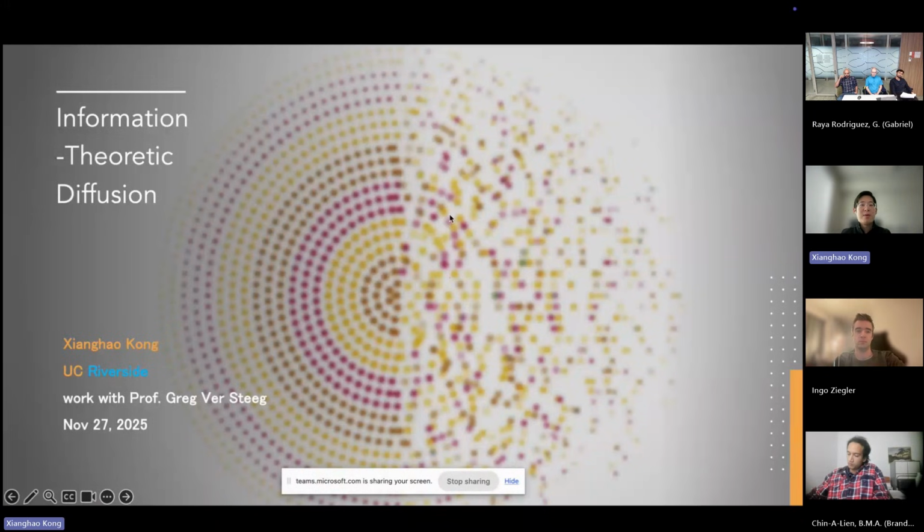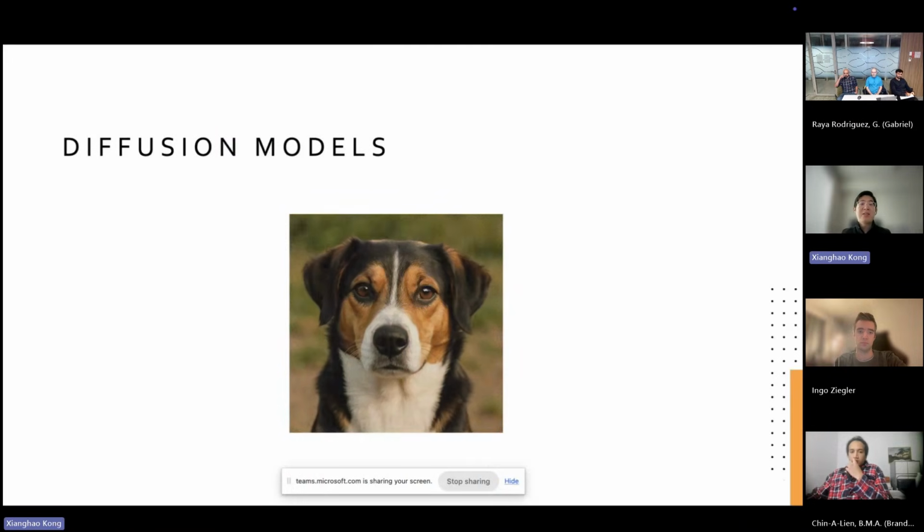Today my topic mainly focuses on information theory plus diffusion. This is my academic work with Professor Greg Burstick. Next I will start from the very beginning. This is the diffusion model.